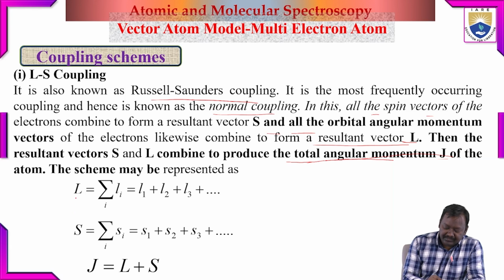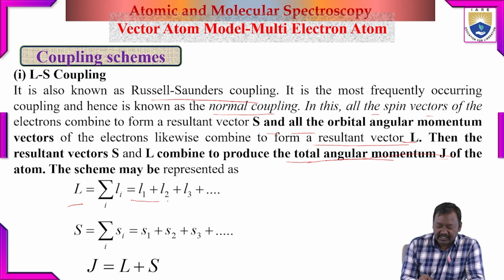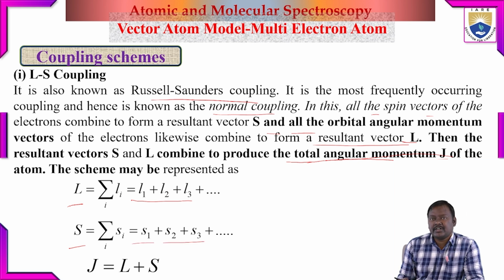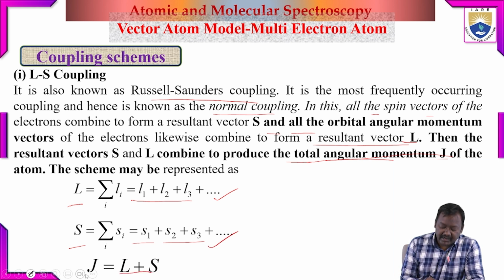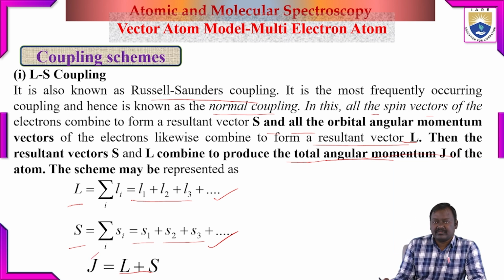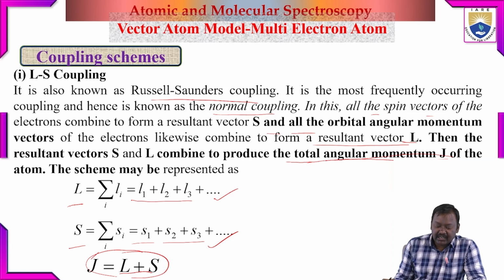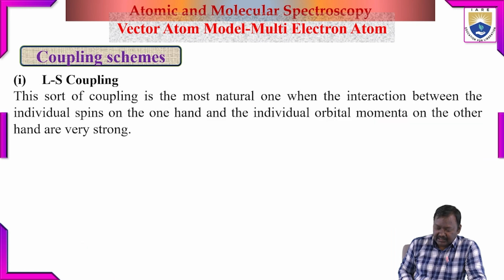In this scheme, for obtaining the total orbital angular quantum number, we add up the individual orbital angular momenta of individual electrons, and for obtaining the total spin quantum number of all electrons, we need to add the individual electron spin quantum numbers like this, and then the two vectors will be added up to give the total angular quantum number of the particular atom. So this scheme is called LS coupling.